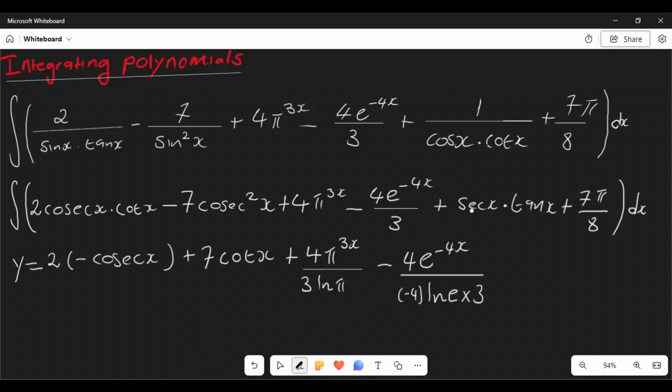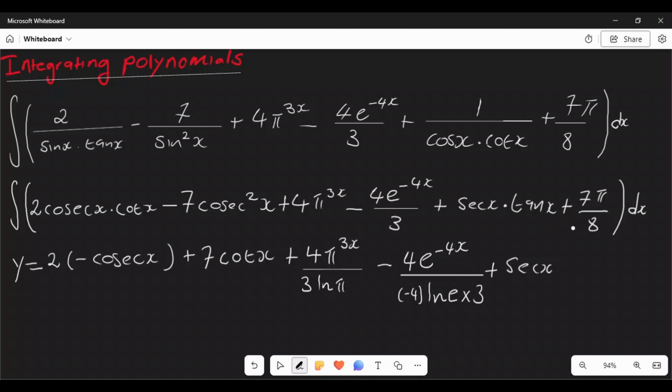So what is the integral of sec x tan x? If you look at your differentiation of sec, you're going to have this. So basically this is just sec x. Again, if it so happens, guys, that you don't understand where this is coming from, go and check the video on the derivatives of trigonometric ratios.